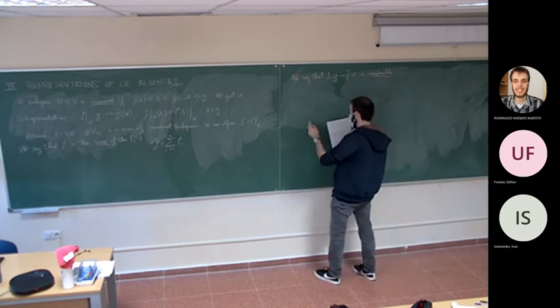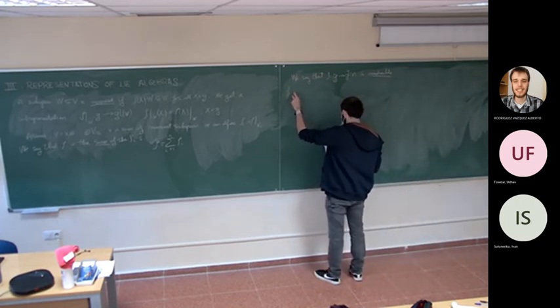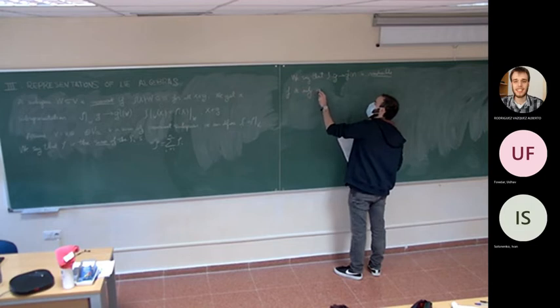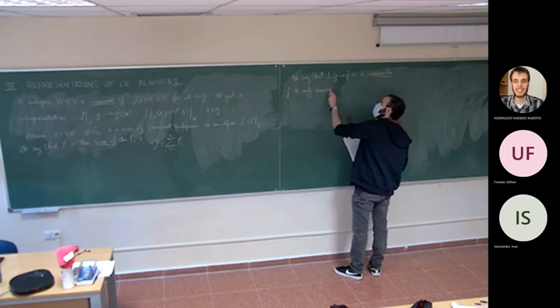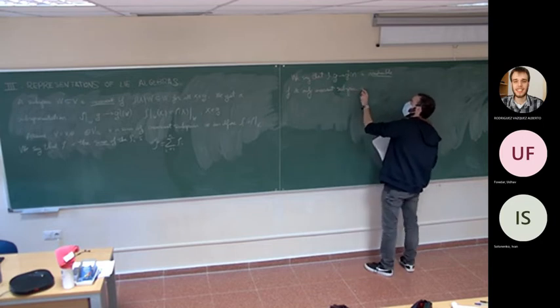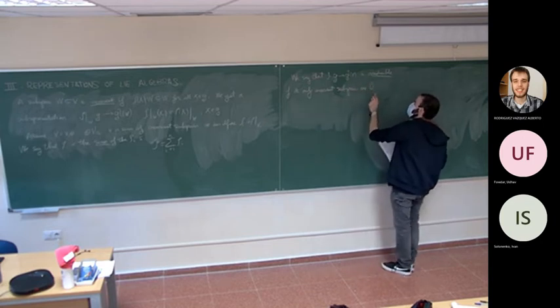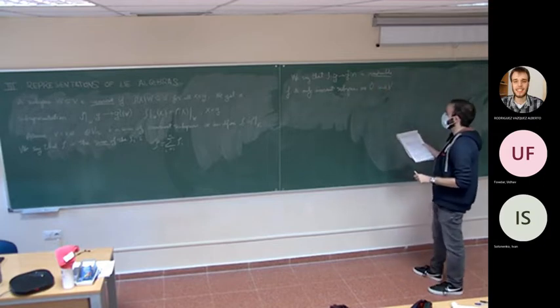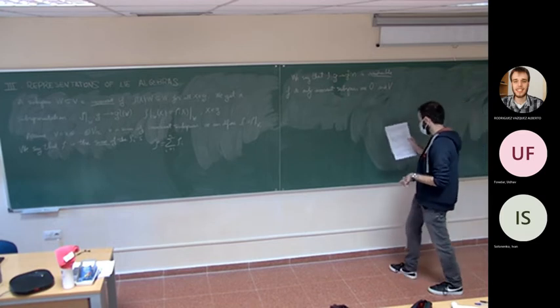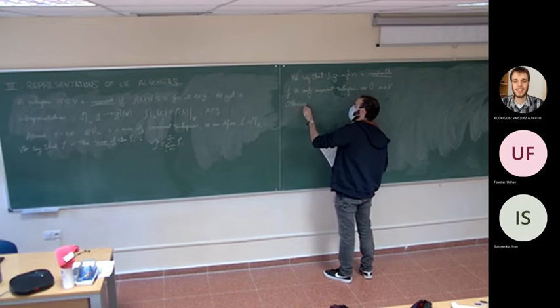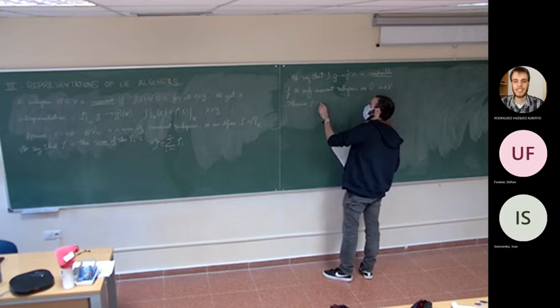So if the only invariant subspaces are the null space and the total space, it is irreducible, and we will say that it is reducible otherwise. Rho is reducible.